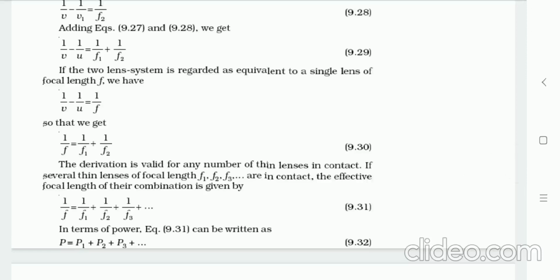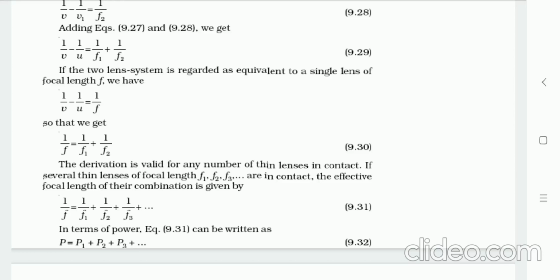Here P is the total power of the combination of lenses, the algebraic sum of the individual powers of the lenses. The power is taken as positive for a convex lens and negative for a concave lens. This combination of lenses helps to obtain a diverging or converging lens to get a desired magnification.